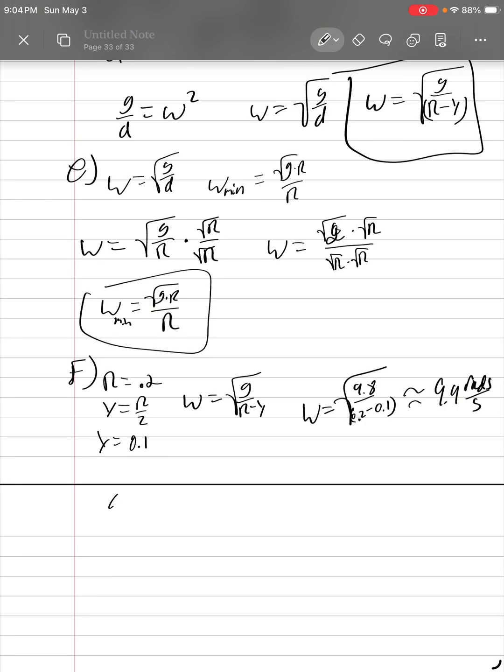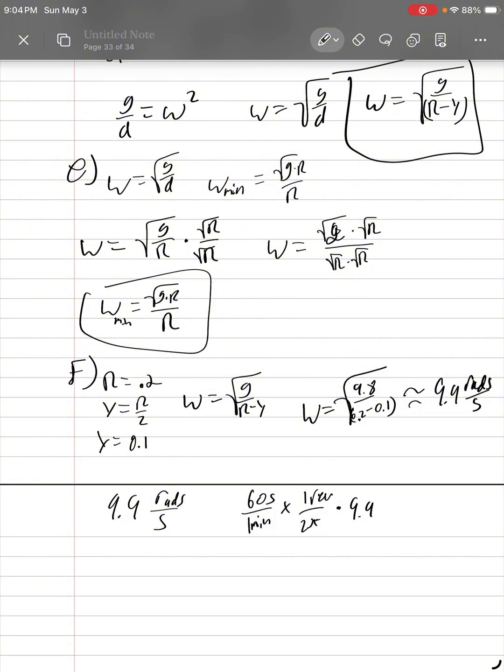And so to take 9.9 rads per second and make it into revs per minute, we just have to take 60 seconds over 1 minute times 1 rev over 2 pi, and multiply that times our value of 9.9.